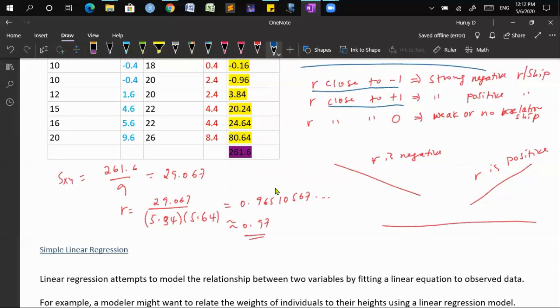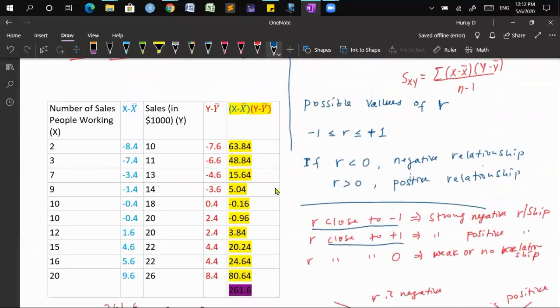So I can say there is a strong positive relationship between the number of salespeople and the sales itself. Positive means as we increase the number of people working here, the number of sales or the amount increases.